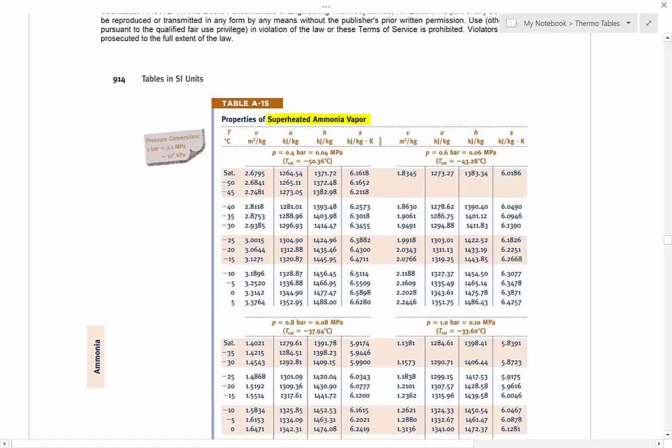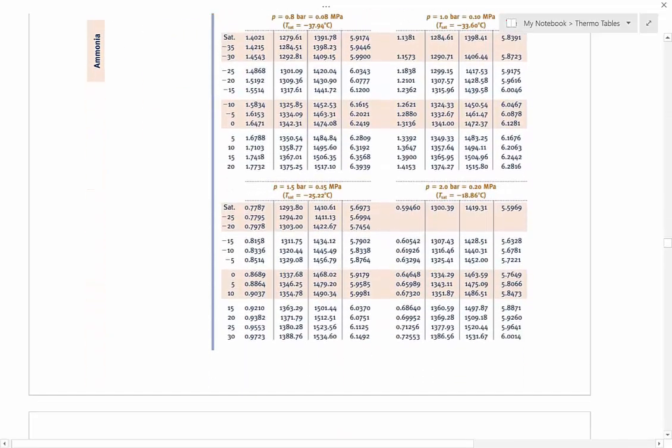So each block is for one specific pressure. Remember the pressure we have is 1.5 bar. So we go down this table, we find a corresponding block here where pressure is 1.5 bar. So we look at this block.